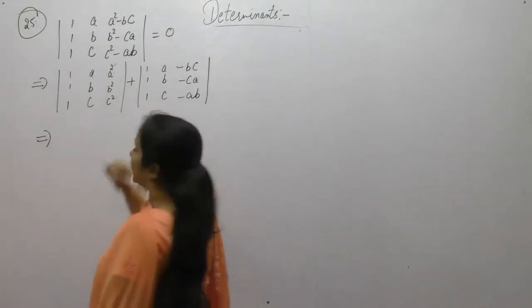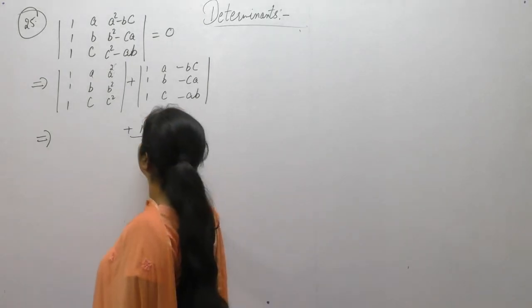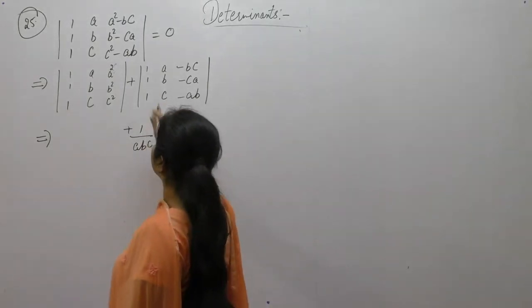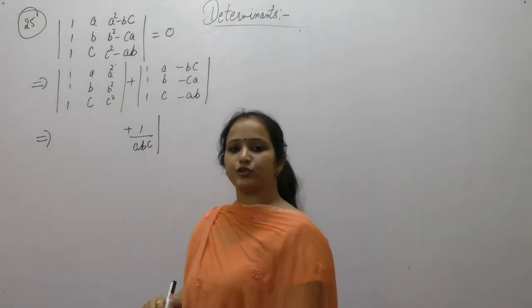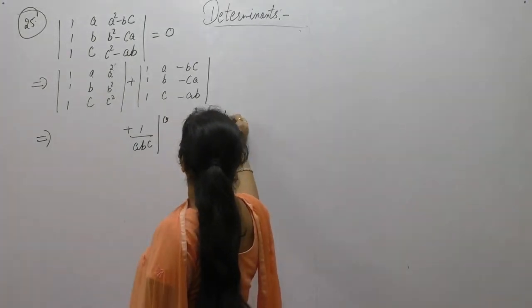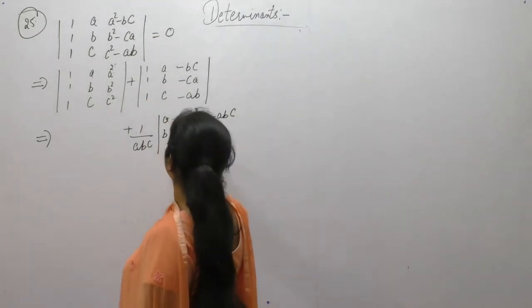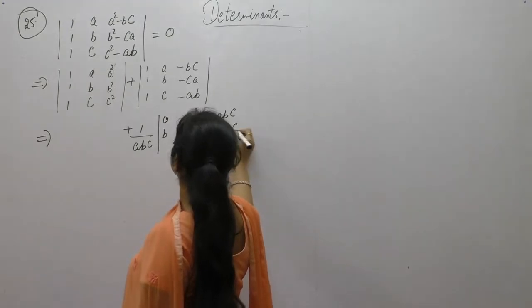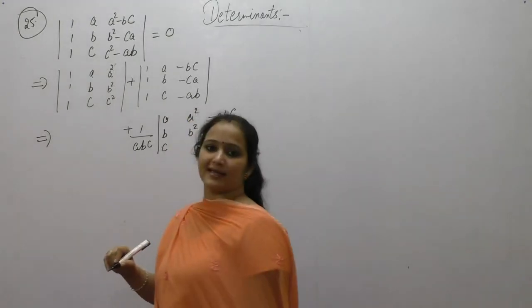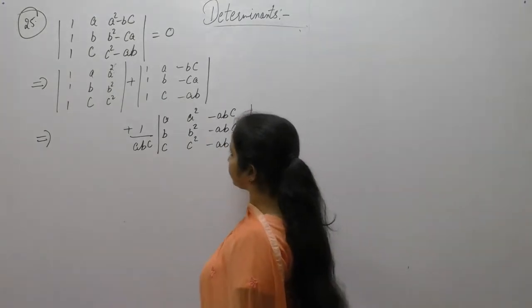Now in the second term, multiply and divide by a, b and c. Multiply the first row by a, giving a square minus abc. The second row by b, giving b square minus abc. The third row by c, giving c square minus abc.